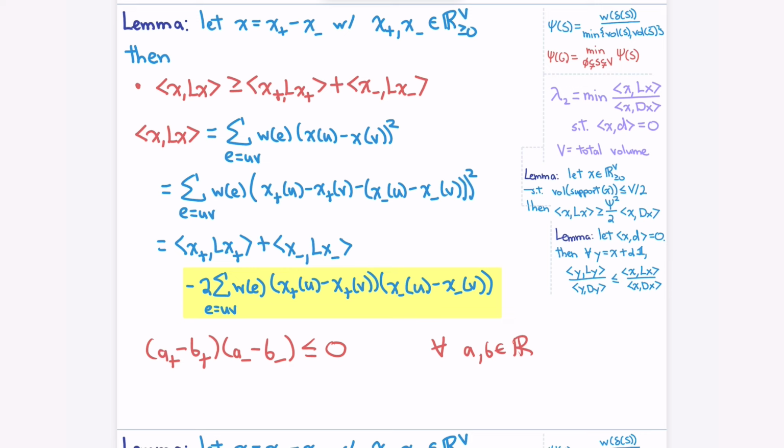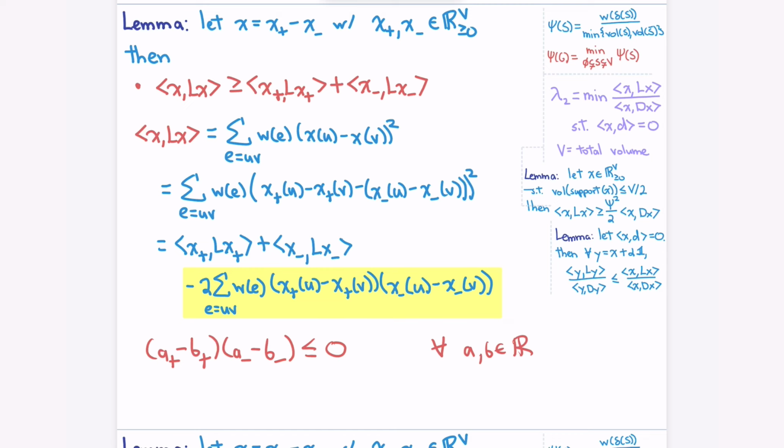And if A is not bigger than B, you just reverse the roles of A and B. But in particular, you start with A and B, and A plus is the positive part of A, and A minus is the negative part of A. If A plus is 5, A minus is 0. Here this is just a number. Okay, so that's why that inequality is okay.